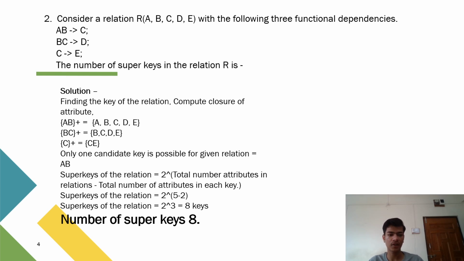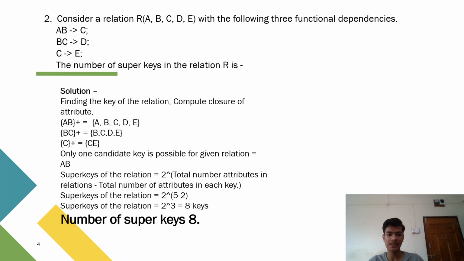So closure for AB would be AB, then as C is dependent on AB, C will come, and D and E are dependent both on B and C, so they also will be inside the closure.